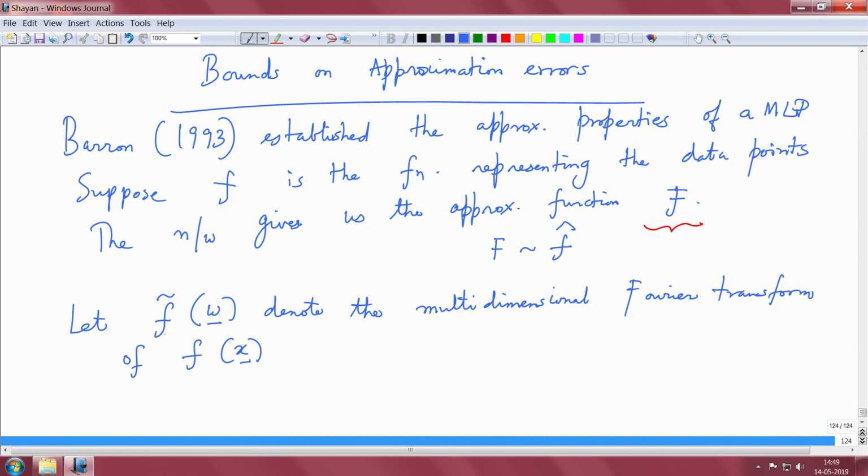X is a data vector and f tilde of w or omega, whatever you might want to call it, let it denote the multidimensional Fourier transform, and this data point belongs to this space Rm0, right, and w is the frequency vector, right. If it is a 2D plane, you have omega 1 and omega 2 or w1 w2 as the frequency coordinates.